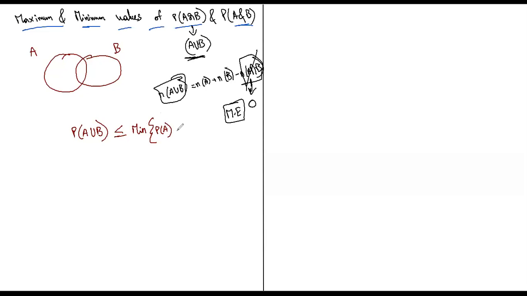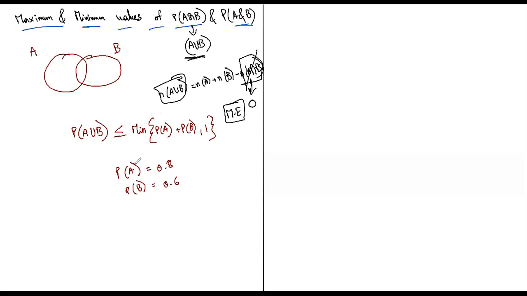The actual answer will be minimum of P of A plus P of B, comma 1. Okay. See, sometimes it can happen that the probability of A happening is 0.8 and the probability of B happening is 0.6. How is this possible? No one told you that these are mutually exclusive or exhaustive. They need not be.